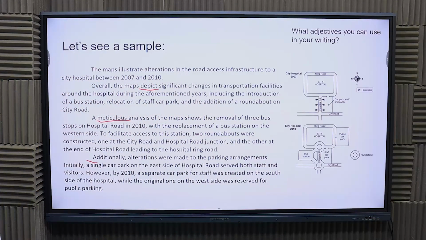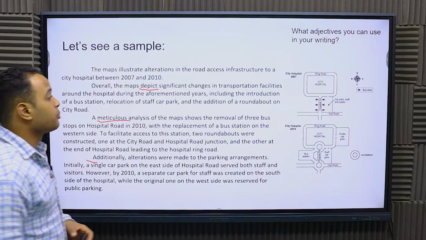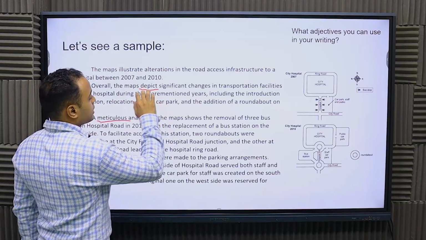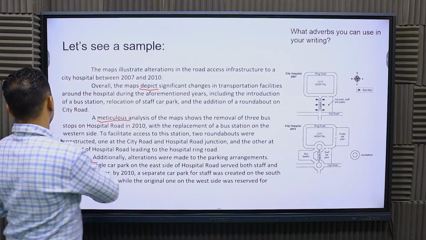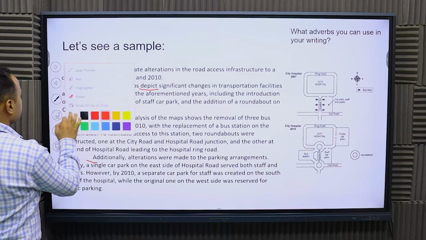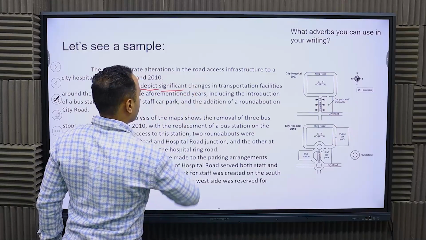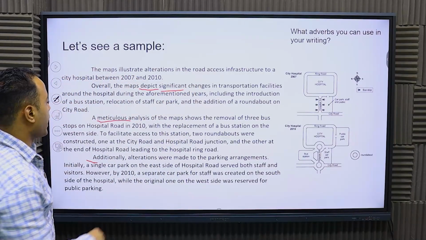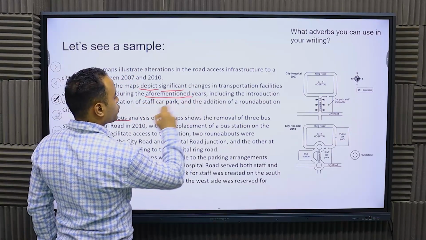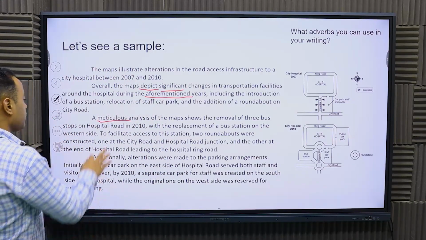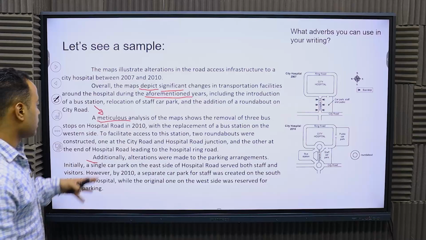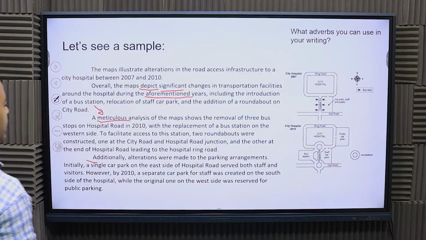Let's have a look at the adjectives, which were really brilliant. As you can see here, we have significant. Yes, we have aforementioned, which means something has been mentioned before. We have meticulous. That's a very perfect one. That's a part of the adjectives that were used in this one.